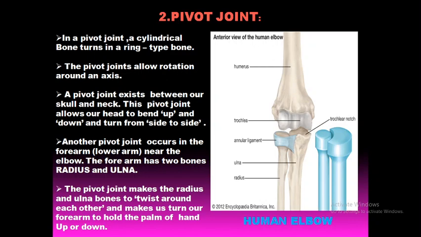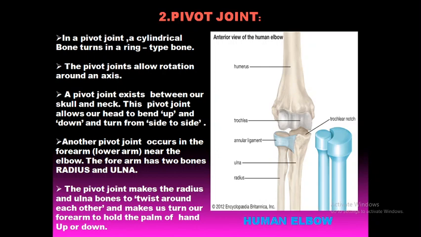It allows our head to bend up and down and turn side to side. This is the movement pattern of the joint between the skull and the neck, and through this portion we can move up and down and side to side.